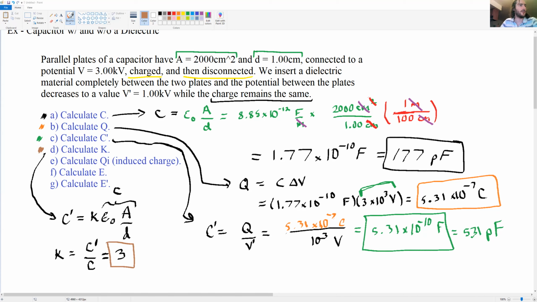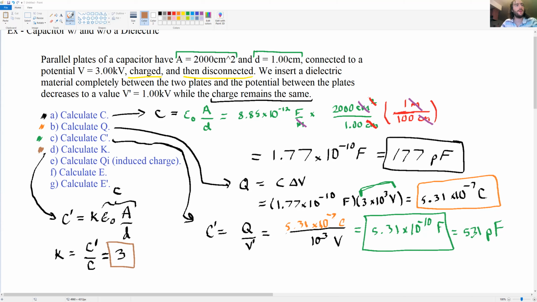I was just going to switch the share screen over, but actually Mastering logged me out. I had the book ready to share. So just give me 1 second here and I'll bring it back up. I just want to share the book now and remind you guys how we actually calculate the induced charge.